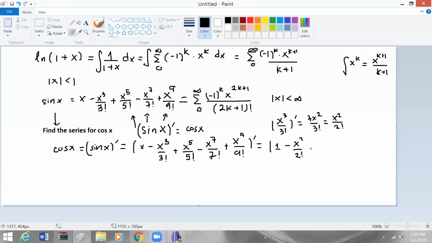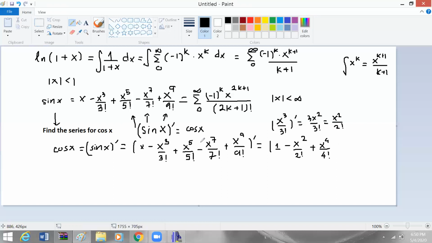Right. So all of that is going to be the term that we deal with, and then we're going to add x to the 5 over 5 factorial, so 5x to the 4 over 5 factorial will be x to the 4 over 4 factorial. And then we do the same thing for 7.